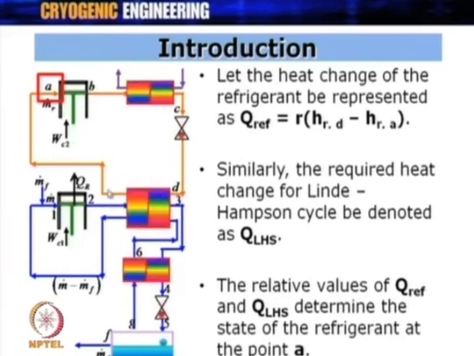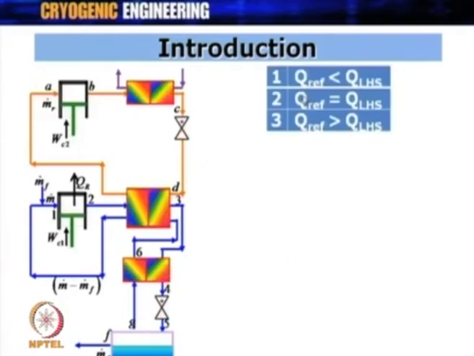What is the state of the fluid at point A, which is the point at which it enters the refrigeration compressor or the pre-cooling circuit compressor. Alright, so the relative magnitude of these two parameters will decide what is the state of the refrigerant when it enters the refrigerant compressor. So, there are 3 possibilities: QREF less than QLHS, QREF is equal to QLHS, and the third one is QREF is greater than QLHS.